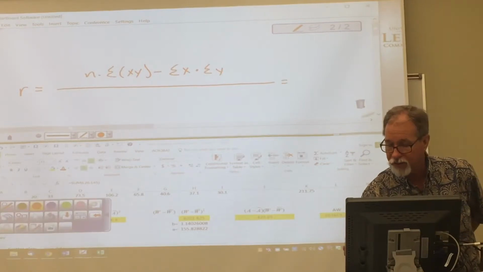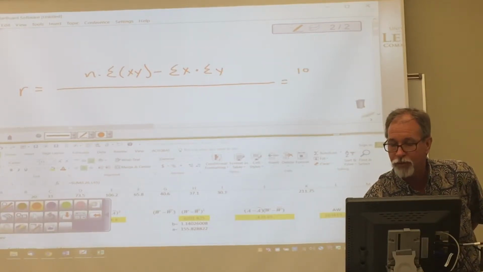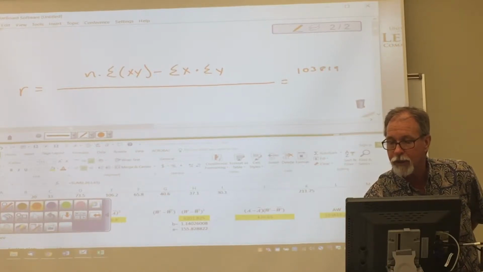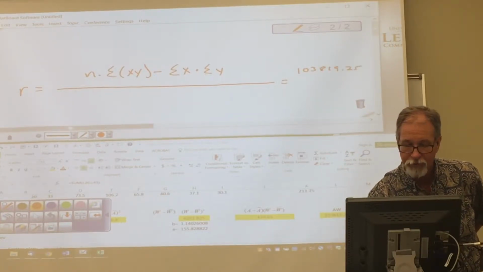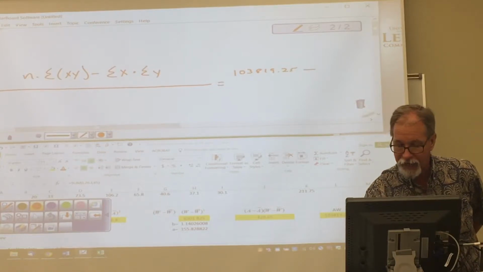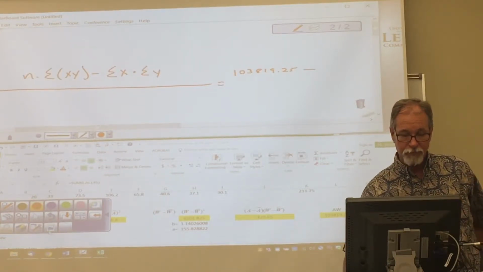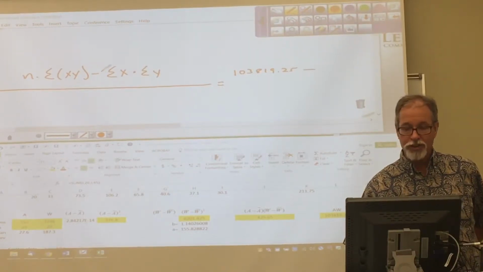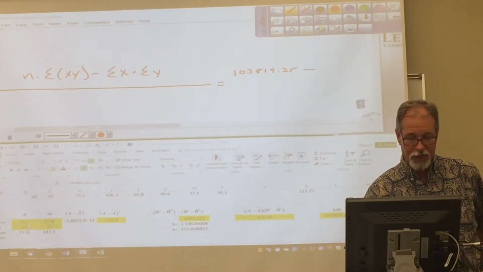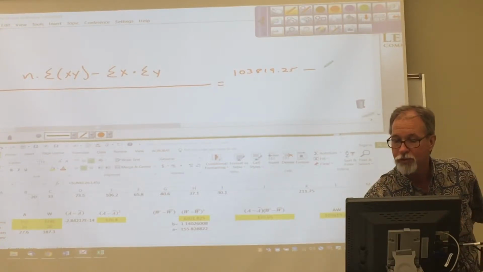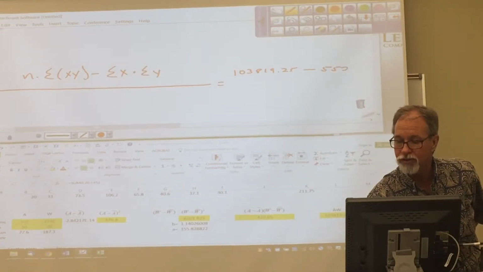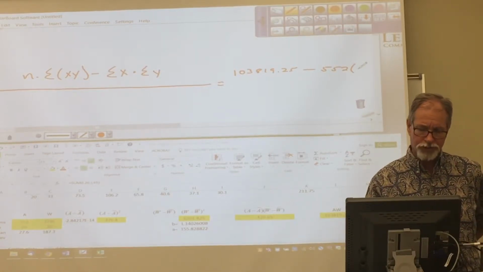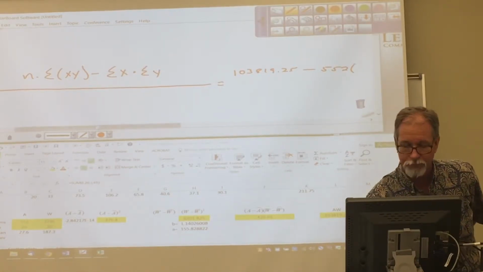So that says take this number, 103,819.25, and subtract the summation of X, which in this case is A, which is 552, times the summation of W, which is 3746.